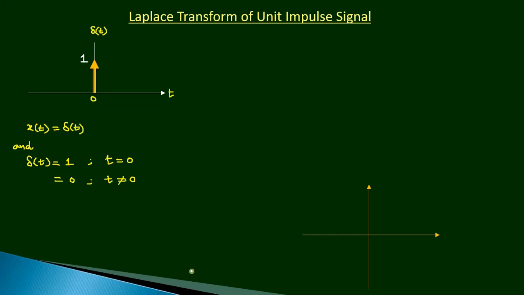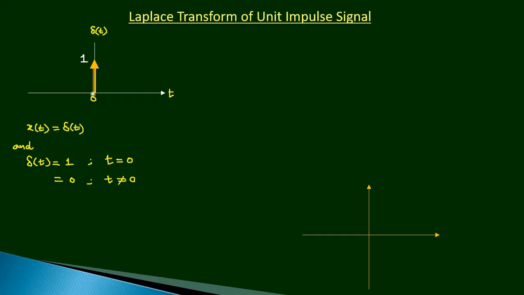Welcome to this lecture. In this video, I will discuss the Laplace transform of the unit impulse signal. The unit impulse signal is shown in this figure. The x-axis is t and the y-axis is delta of t, which represents the impulse signal.